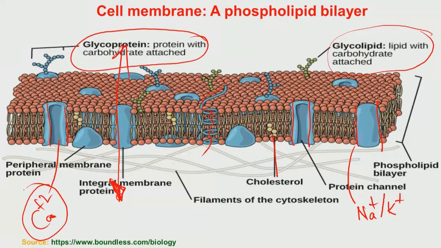Similarly, some channels in the cell membrane are shown differently in terms of their morphology. These channels can be the sodium potassium channel, and again, they can specifically allow the transport of sodium or potassium ions through the channel into the cell or outside the cell.